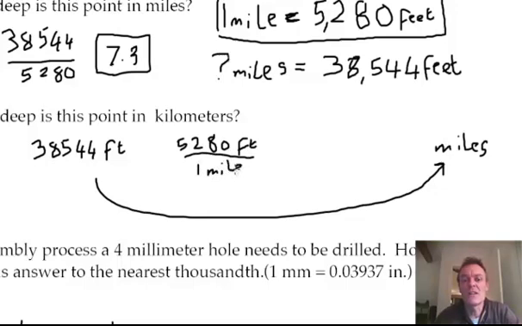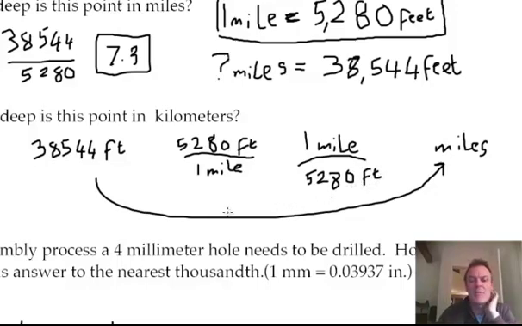But I could also write it like this: 1 mile is 5280 feet. Not the best writing, but there you go. There's only those two versions: 5280 feet is 1 mile, or 1 mile is 5280 feet.